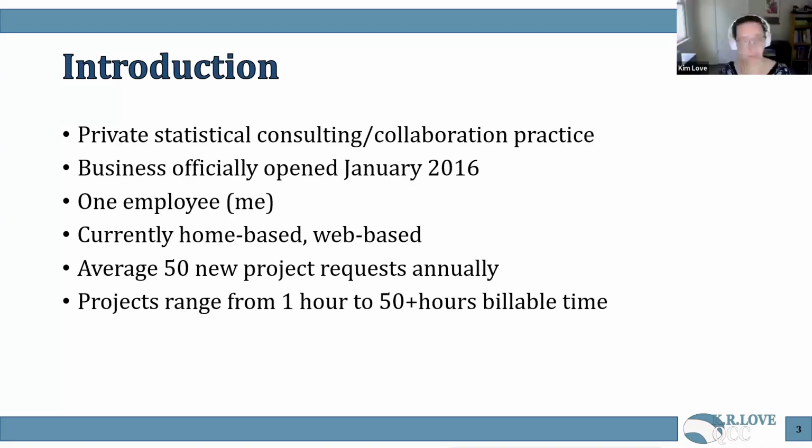These projects range from 1 hour to 50 plus hours. I think I've actually billed for half an hour of my time for a meeting before. So very small projects to, for me, a very large project. And my activities range from answering quick questions. Someone contacts me and says, "Hey, I want to run something by a statistician."